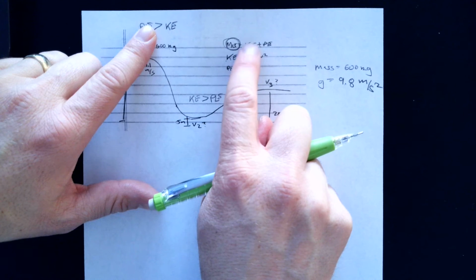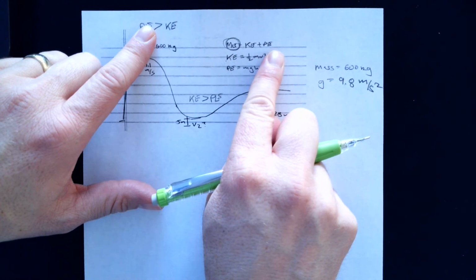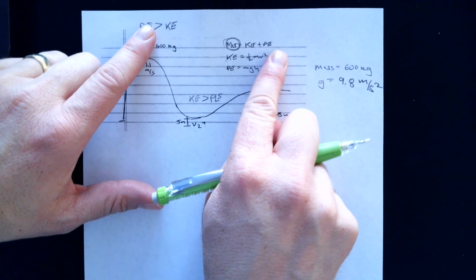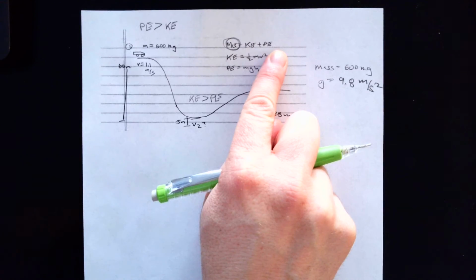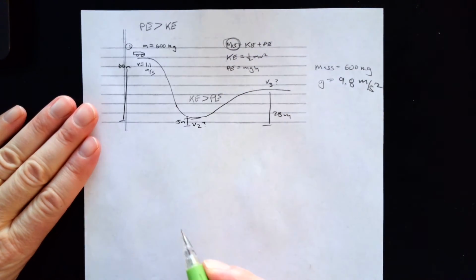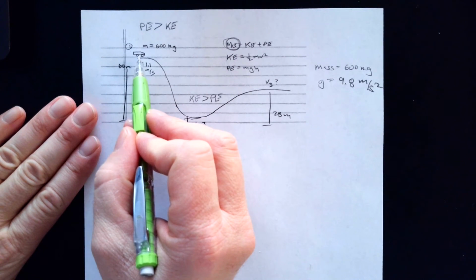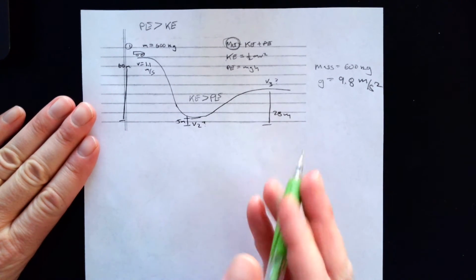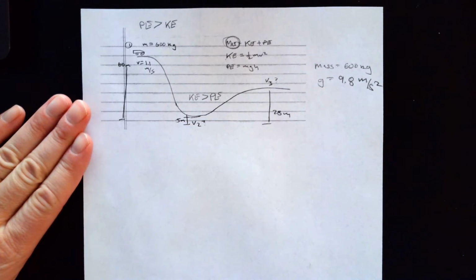If this number gets bigger, what has to happen to this number? It has to get smaller. So I'm going to have this go downhill, whoosh.